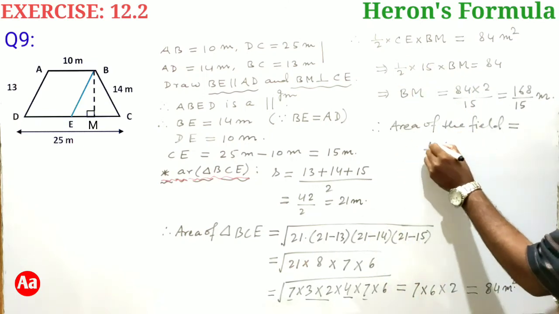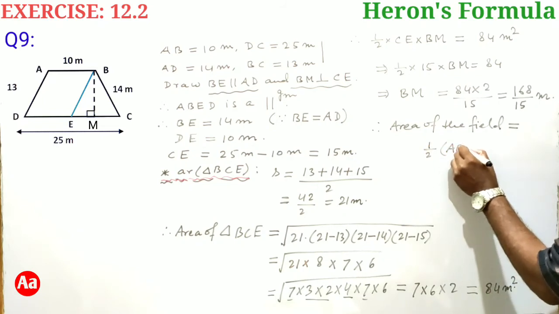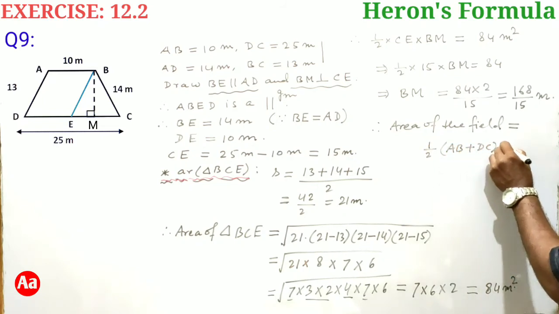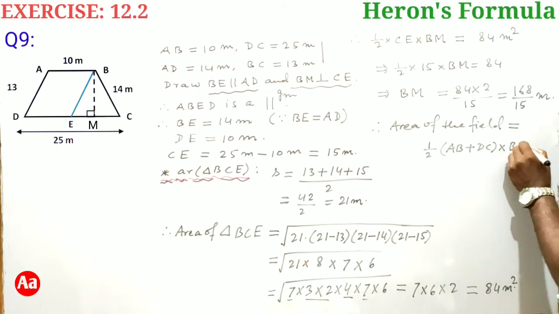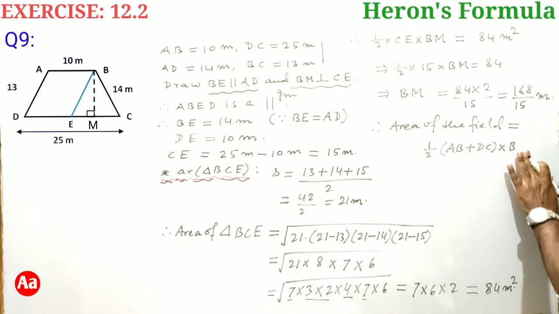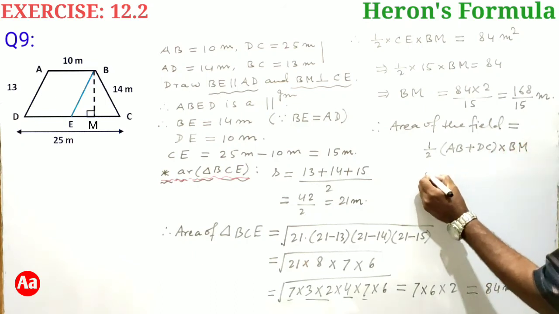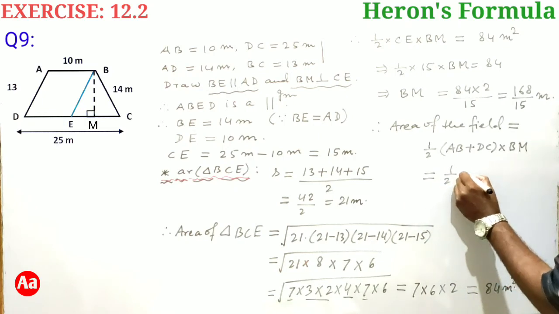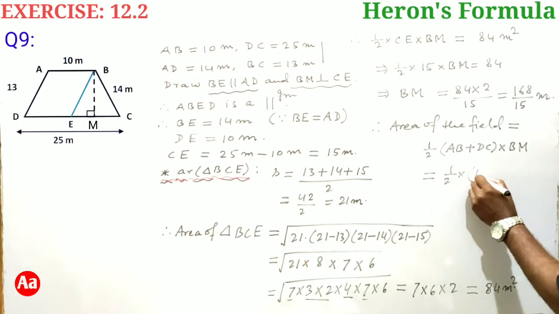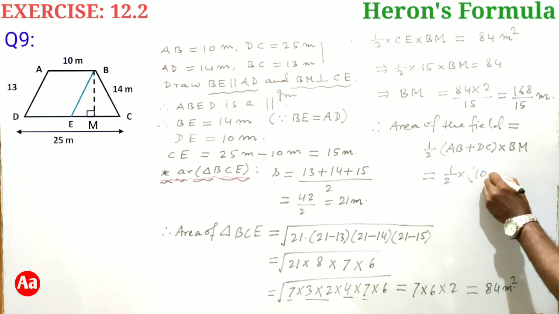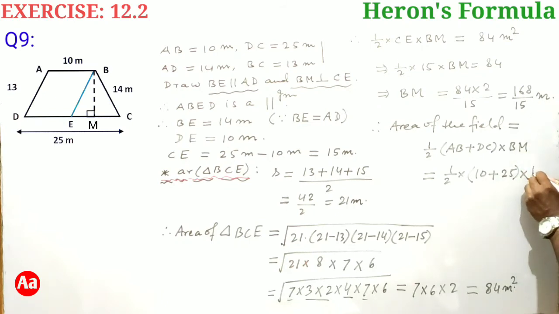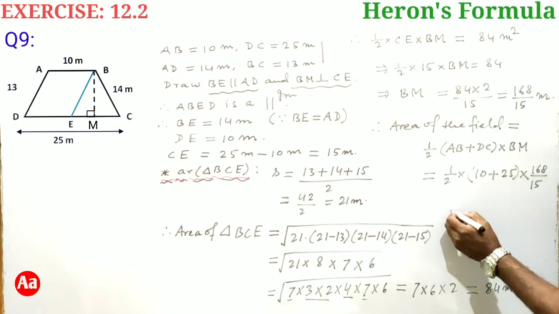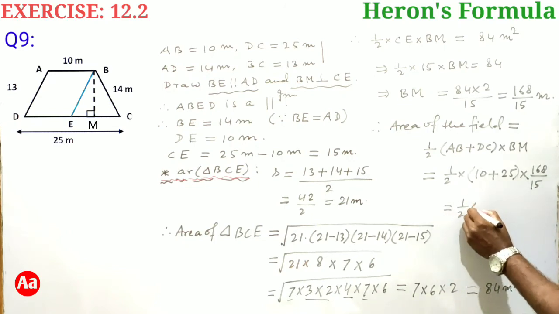It is half into sum of parallel sides AB plus DC into height BM. This is equal to half into 10 meter plus 25 meter into 168 by 15 meter.